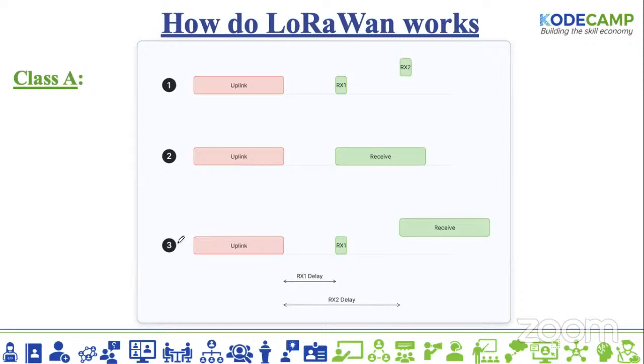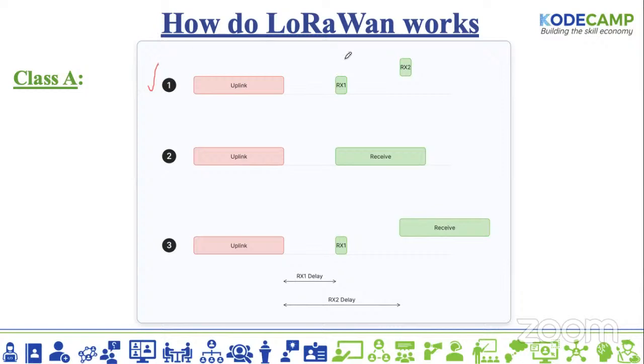So now, let's give this case 1, case 2, case 3 as examples, and let's take the first case. Now the end device opens both receive windows, but it does not receive the downlink message during either window.